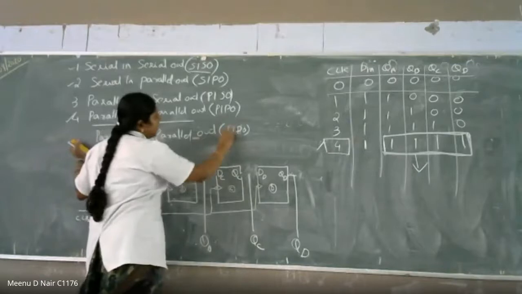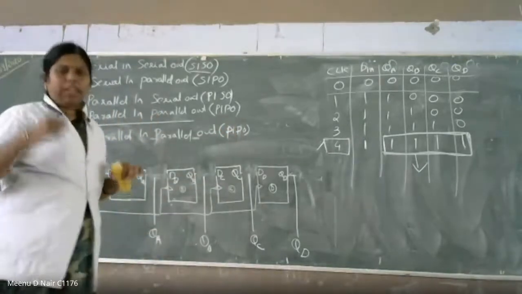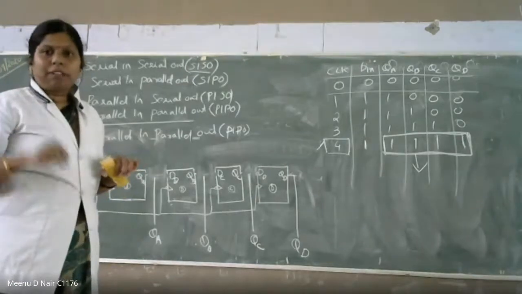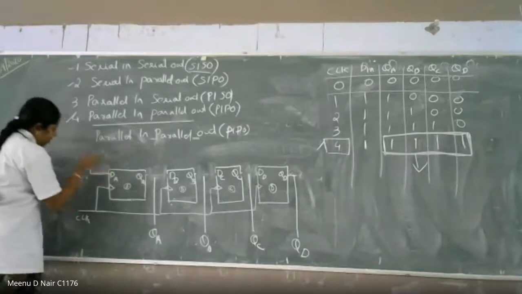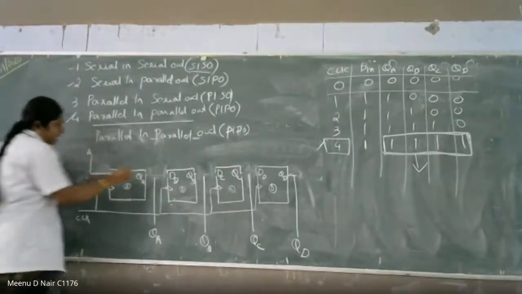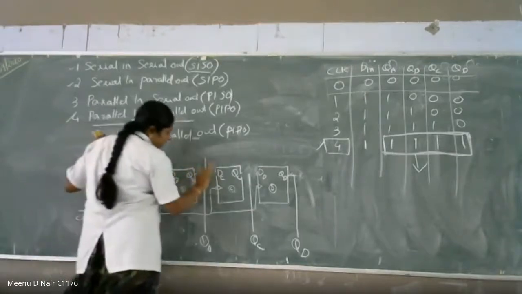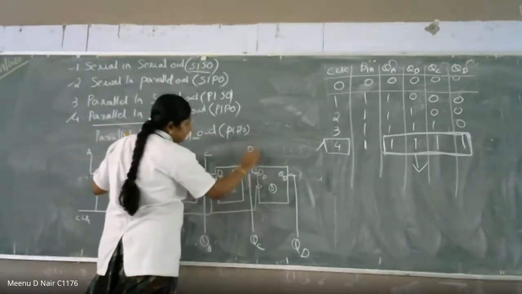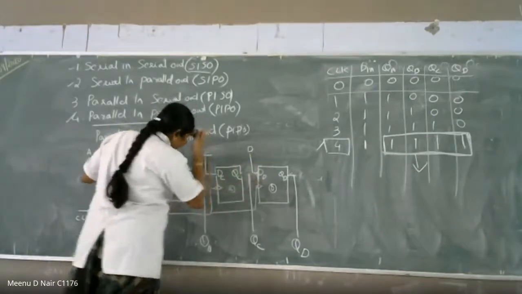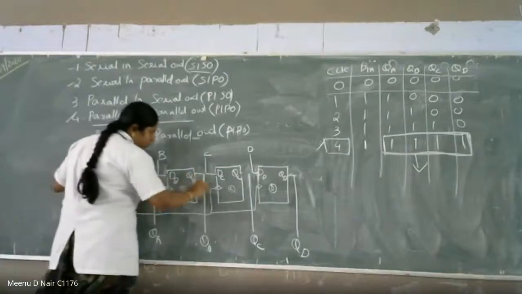What do you mean by parallel? You are giving input to all the flip-flops at the same time. Here you are connecting input A, input B, input C, and input D. The outputs are QA, QB, QC, and QD.